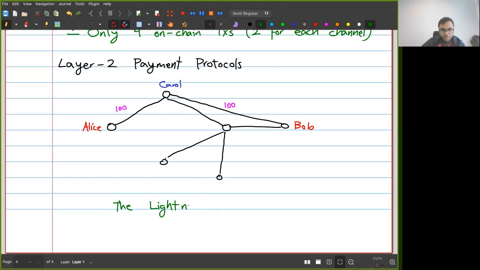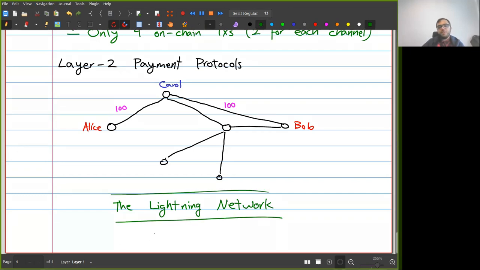I'm just going to put down the name here so that you can Google it and see how it works. It actually needs a lot more cryptography to ensure that the entire process is trustless, because right now, if I'm sending money from Alice to Bob, as Alice, I'm trusting Carol. I'm sending 100 units to Carol, and I'm trusting that she will send 100 units to Bob.